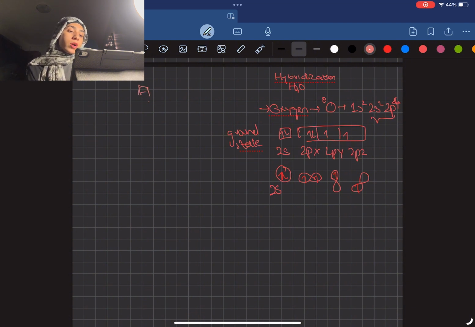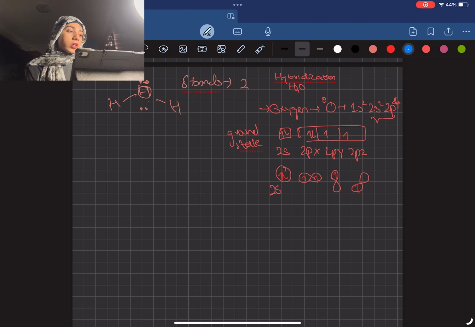Well, if I look at water here, it has two lone pairs because I need to complete the octet rule over here. So how many would this be, sp3 or not? Well, how many sigma bonds do we have here?